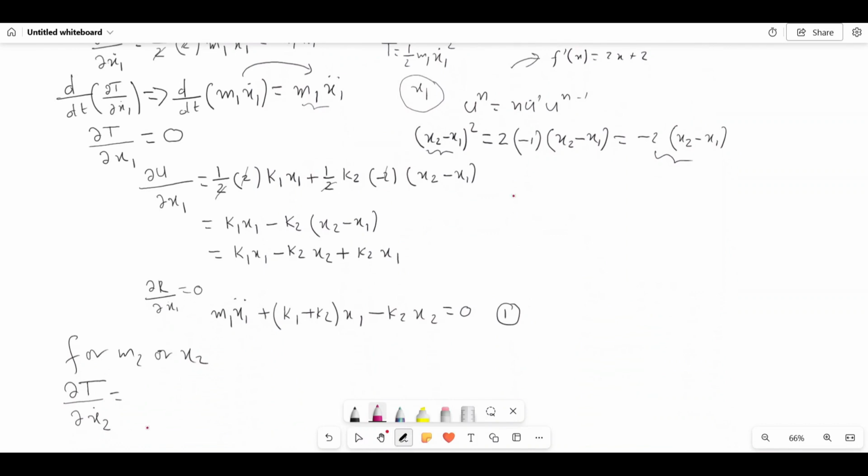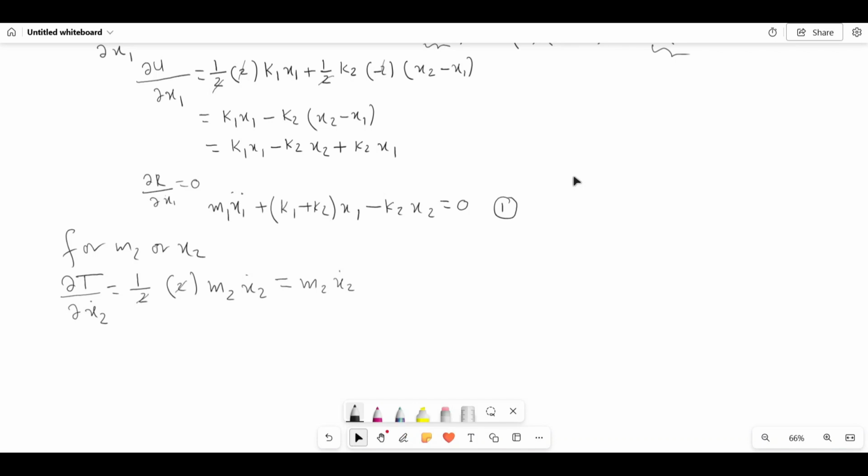If we have to differentiate, we're going to have half. The 2 will drop. So what we'll be having is a repetition. You will be having m2 x dot of 2. So 2 cancels 2. The answer that you have is m2 x dot of 2. Now, what is next?